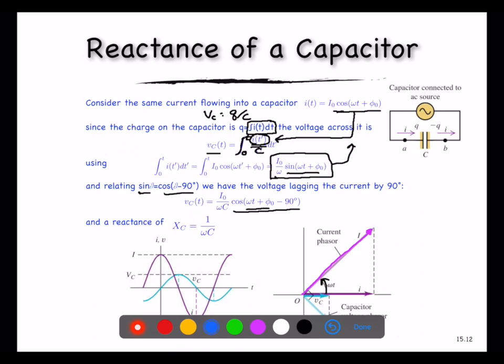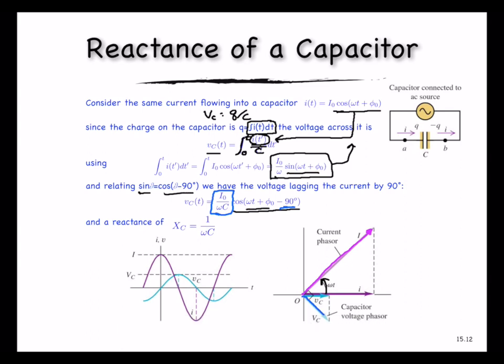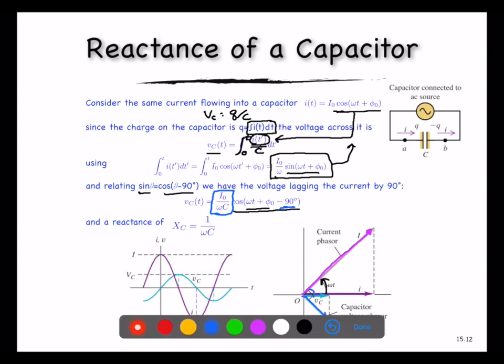Then the voltage is going to have some amplitude that is given by the factor in front of this cosine wave. And then this 90-degree phase lag tells me that the phasor for the voltage must be 90 degrees behind that of the current. And so since phasors rotate counterclockwise in time, it must be 90 degrees further clockwise to represent that voltage across the capacitor.